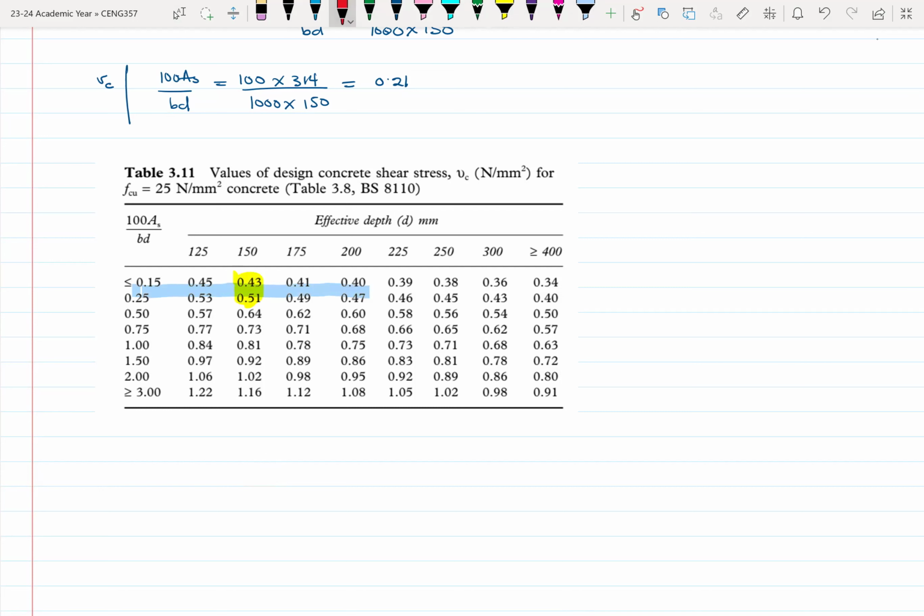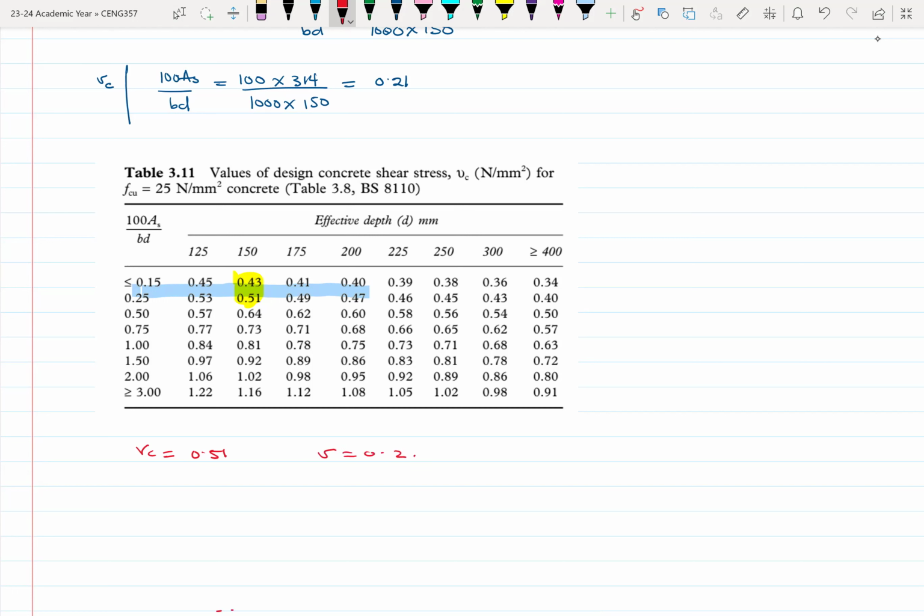So let's assume, for assumption, that our VC is 0.51. I mean, it's less than 0.51 anyways, maybe around 0.49. All right. So if your VC is 0.51, now your V is 0.2.